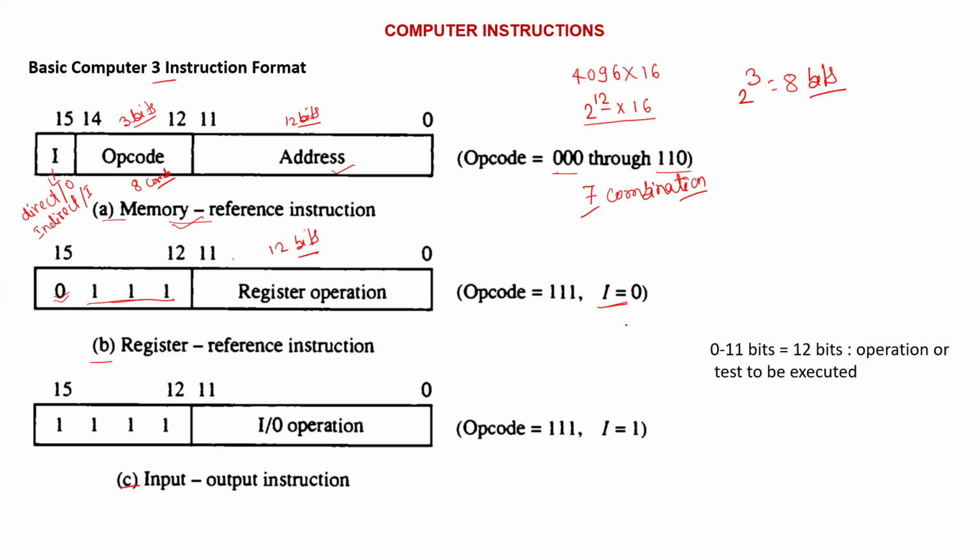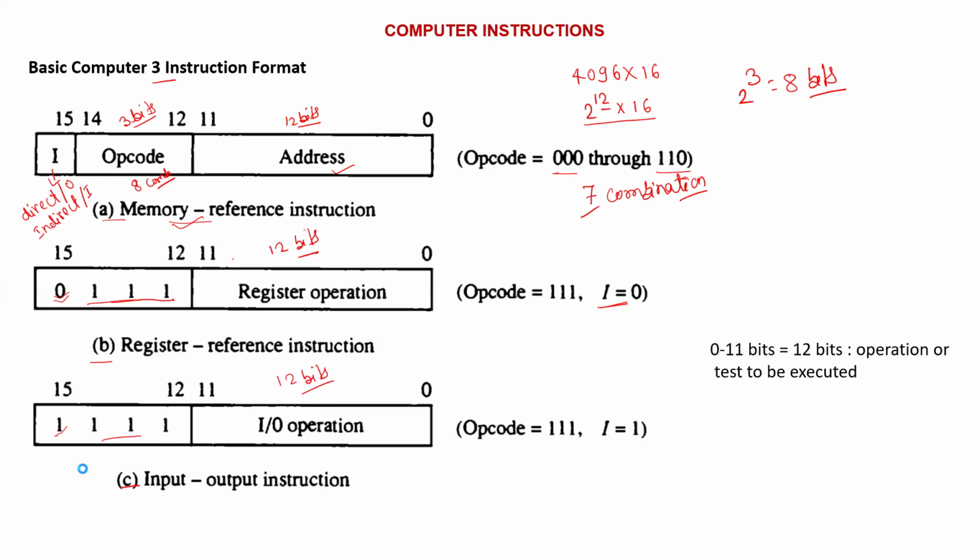Similarly, for the input output instruction, again we are not going to communicate with the memory here. The first 12 bits are given for the input output operation. Bits 12, 13, 14 are fixed, that is 111, which is 7. And the 15th bit is 1.